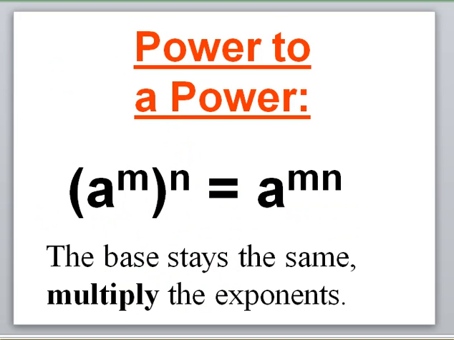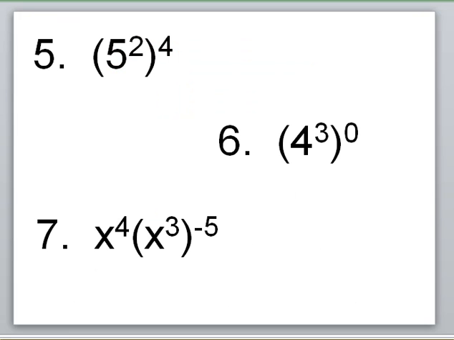The next rule we want to talk about is a to the m to the nth. So we have a power to a power. We are going to keep the base and we're going to multiply the exponents together. I want to explain to you at least one problem of that logically. So what this really says is I have 5 squared 4 times.